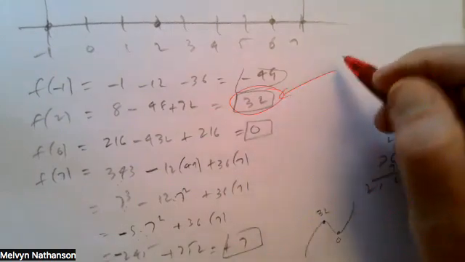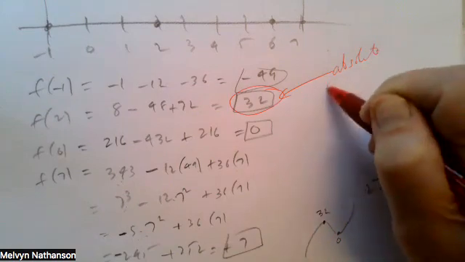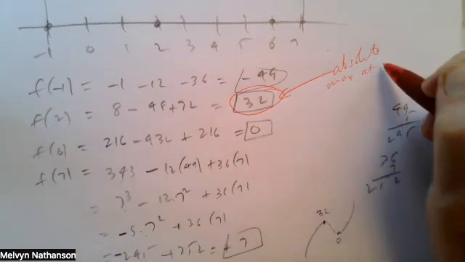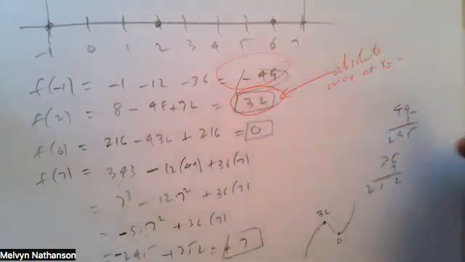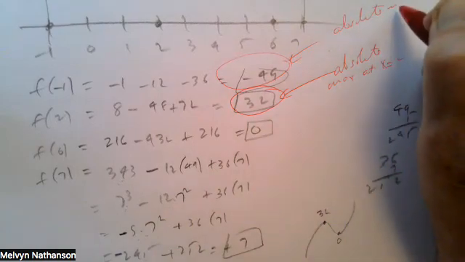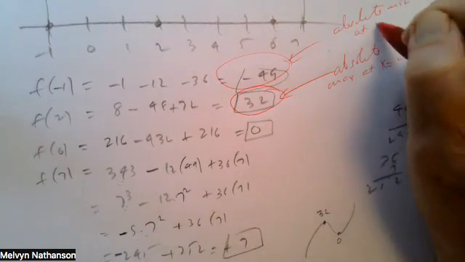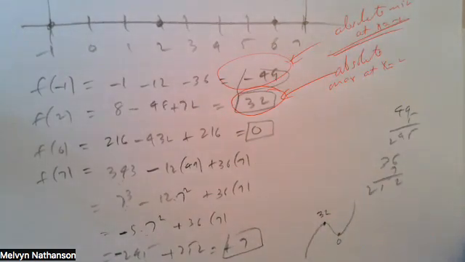So we have an absolute maximum at x equal 2. The smallest is minus 49, so we have an absolute minimum at x equal minus 1. That's the answer. Okay. Any questions about that?